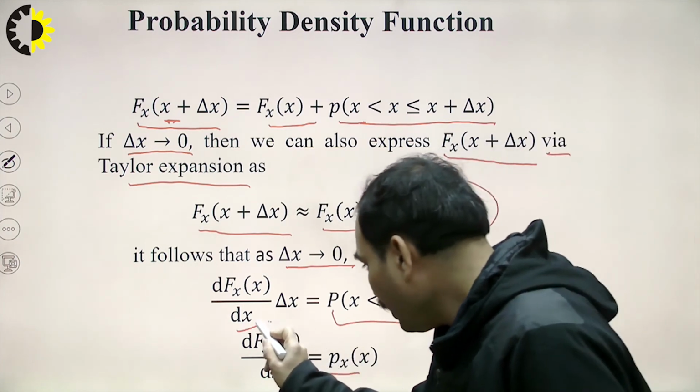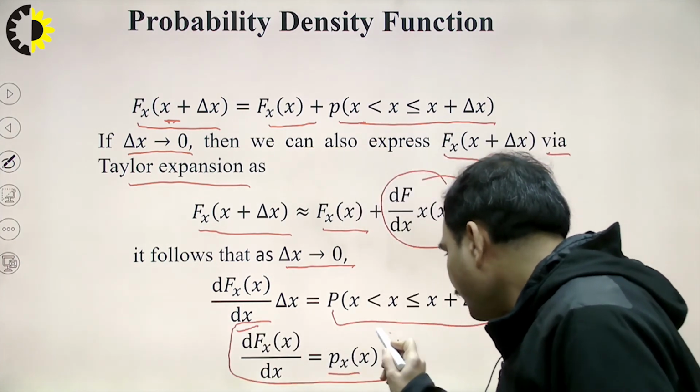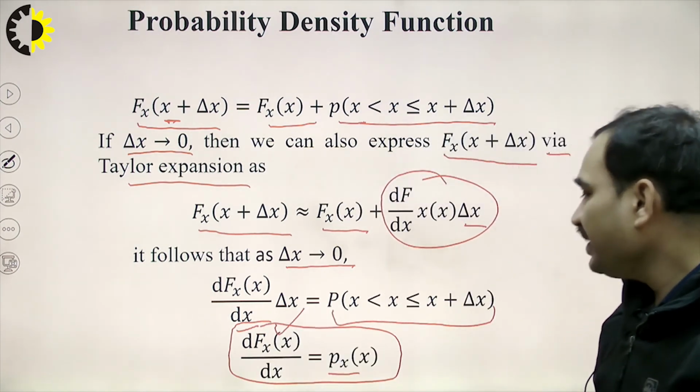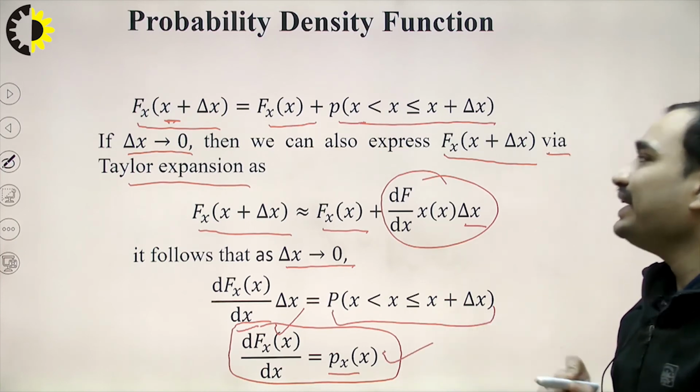So this is a very important relation between the cumulative distribution function, capital F of x, and the probability density function.